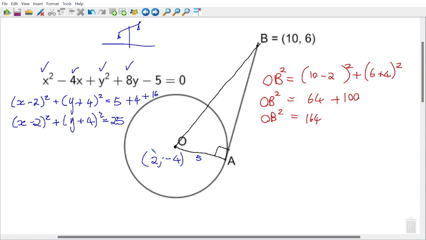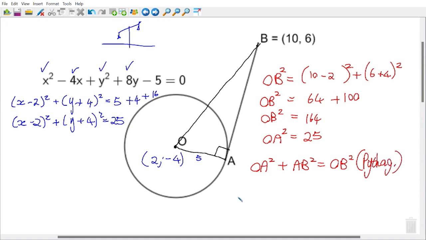Now, OA squared is the radius squared, which is 25. And if we look at this, this is the hypotenuse. So we know that OA squared plus AB squared equals OB squared. And this is Pythagoras. OA squared I know is 25.